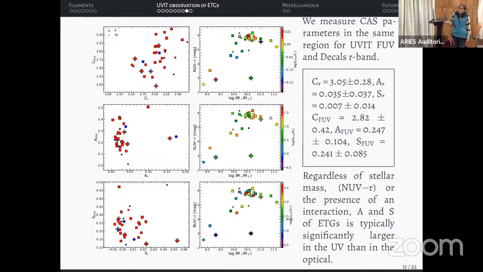So what we conclude is that regardless of color or stellar mass, the asymmetry and clumpiness of elliptical galaxies in FUV is quite higher than optical. And this sort of signifies ongoing star formation, because we know that star formation could be patchy and asymmetric.